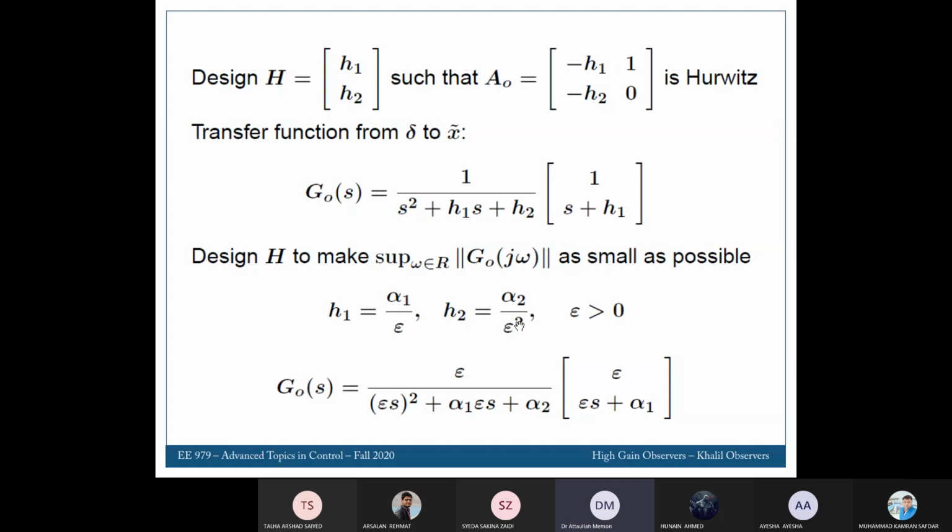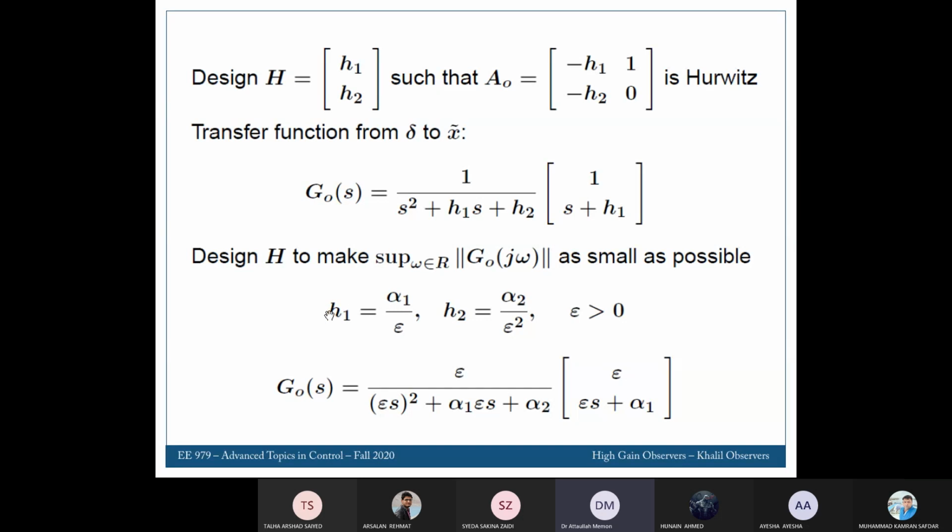So what happens? If I choose epsilon to be a very small number like 0.01, alpha 1 is a number, an integer. 1 over 0.01 means 10. 1 over 0.0001 means maybe 1,000, and so on and so forth.